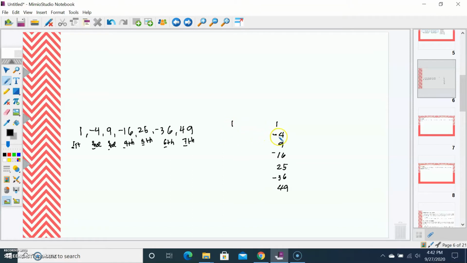And then negative 4, I associate to 2, since negative 4 is my second term. And then I can associate 9 to 3, negative 16 to 4, 25 to 5, negative 36 to 6, and then 49 to 7.